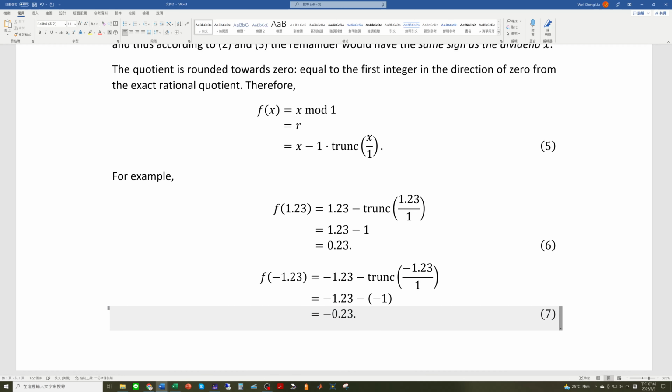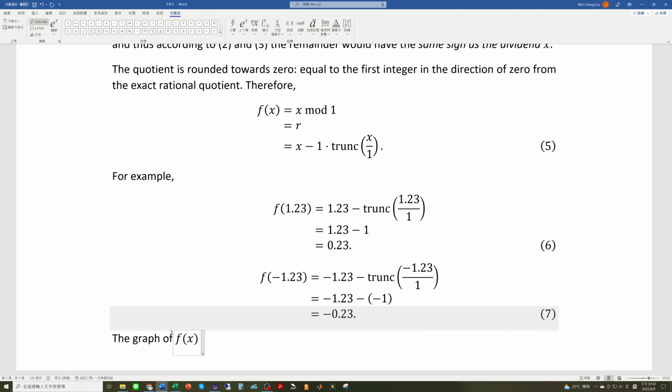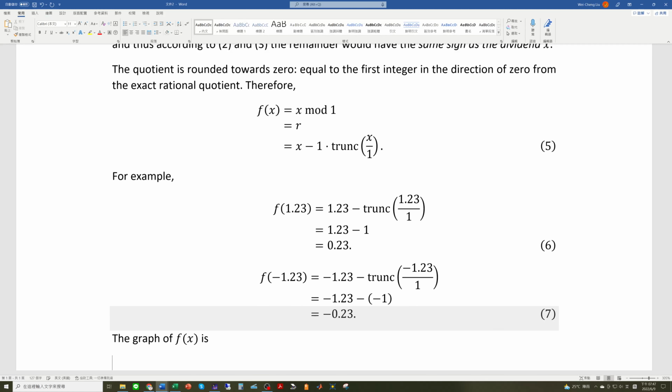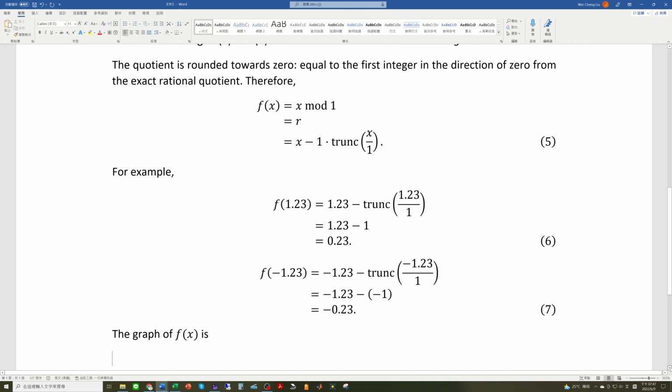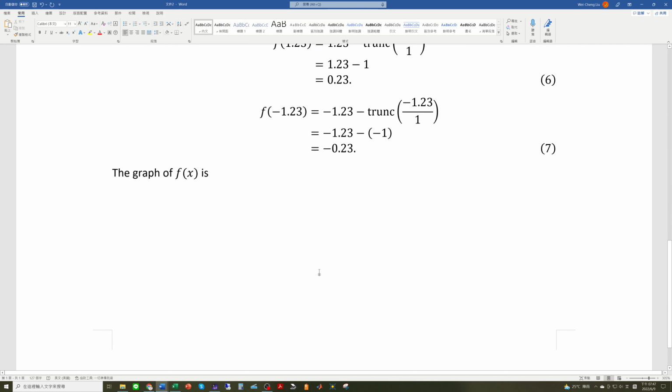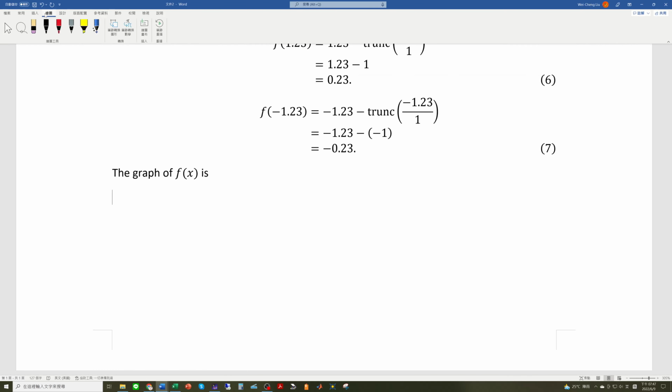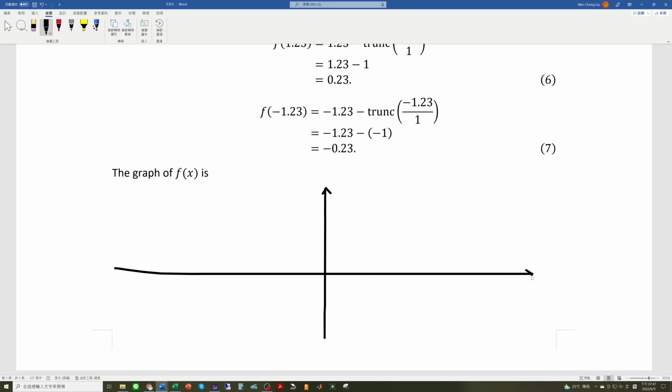Now we can draw the graph of f of x. Let us see the graph. So let's draw the graph. This is x, and this is f of x.